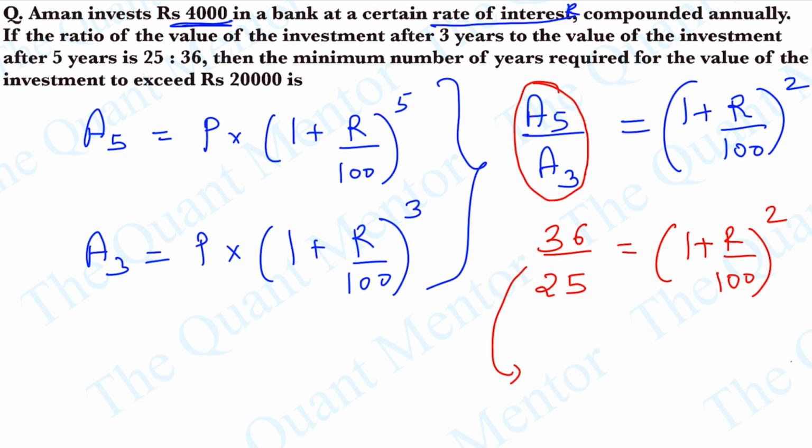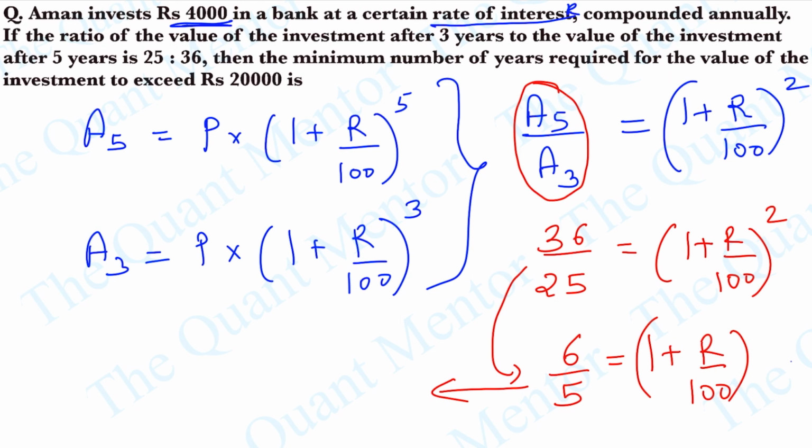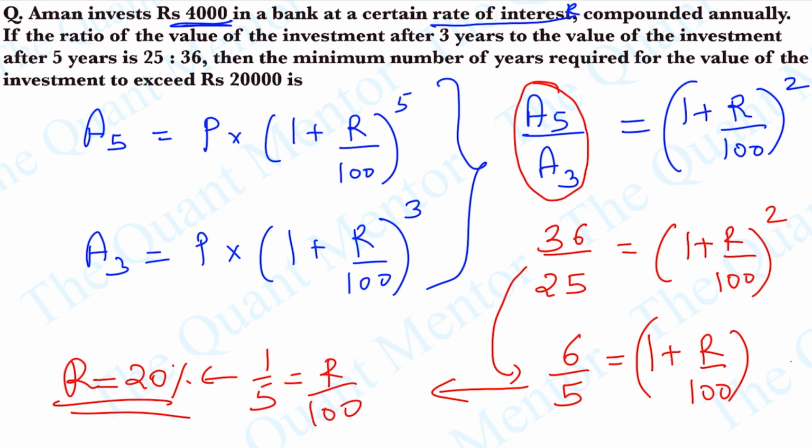When I take square roots on both sides, we will get 6 by 5 is equal to 1 plus R by 100. So we can further simplify this and say 6 by 5 minus 1, or 1 by 5, is equal to R by 100, or I will simply get R as 20. The rate of interest in this question is 20%.